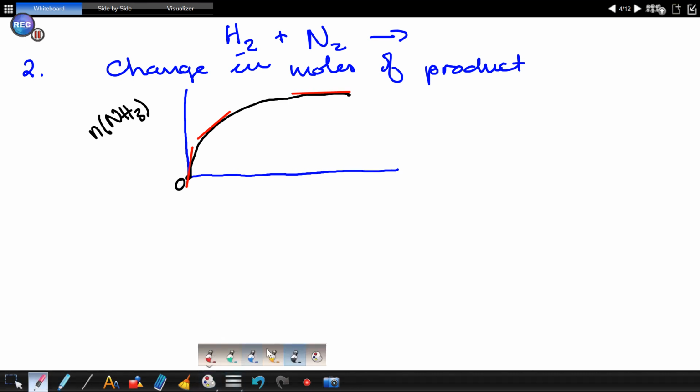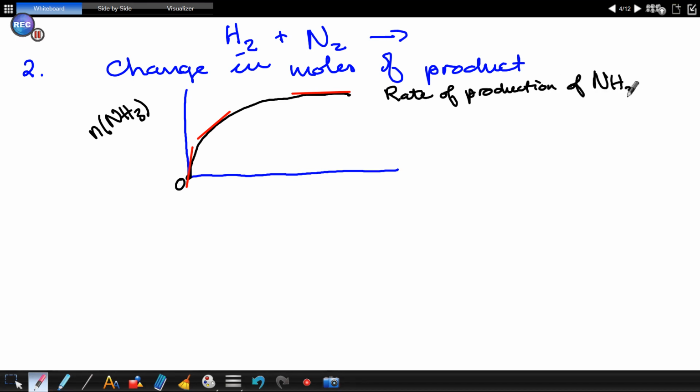Here the gradient of the graph is positive. So the rate of the production of ammonia can be determined by the change in moles over time. And the negative has disappeared from the equation now because the gradient is positive.